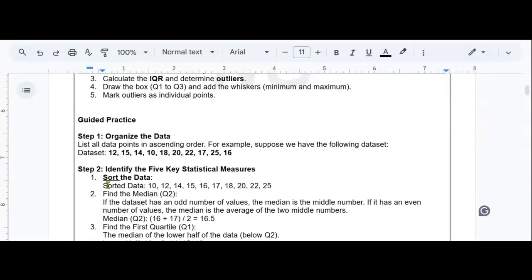Sort the data, put the data in order. Do you see the order now? Read the order. 10, 12, 14, 15, 16, 17, 18, 19, 20, 25.